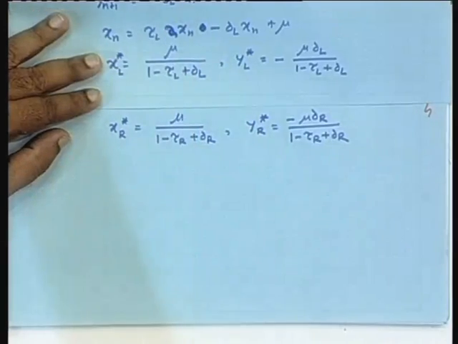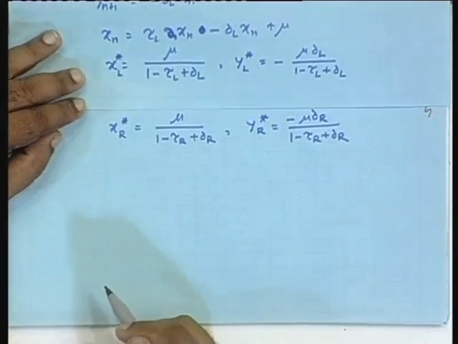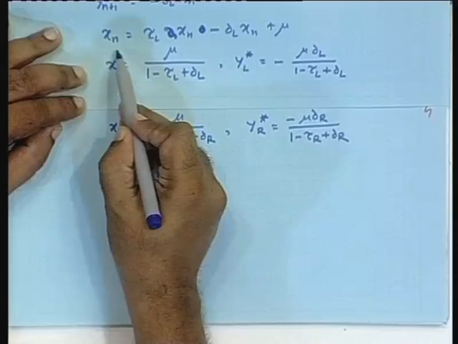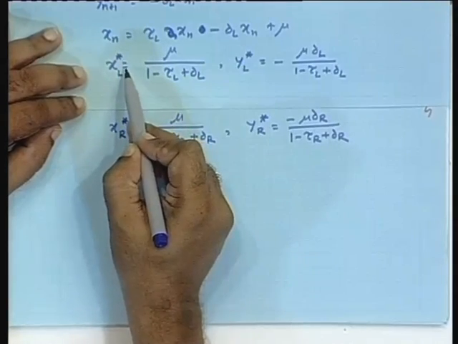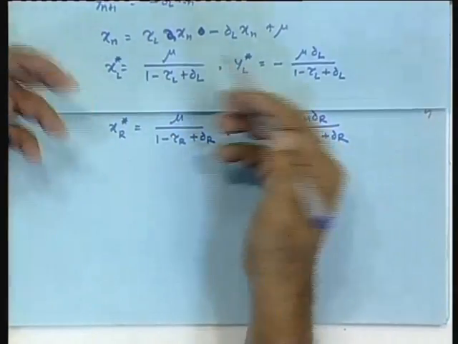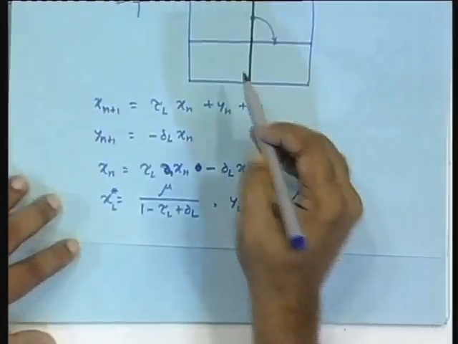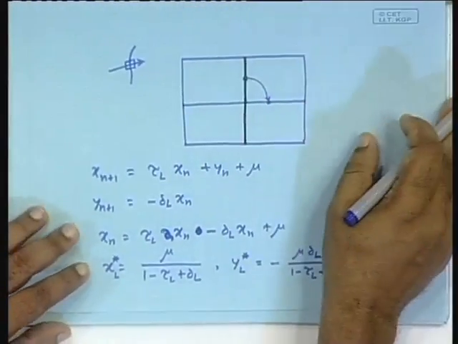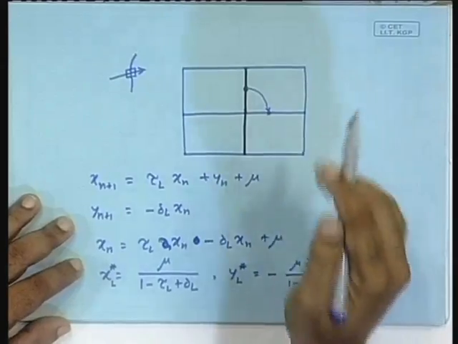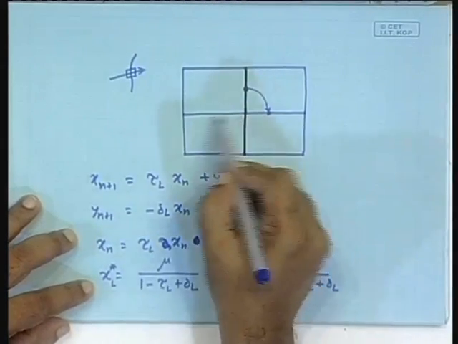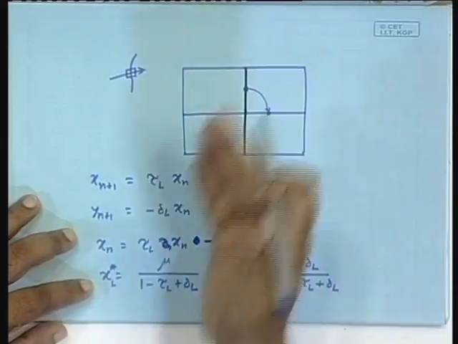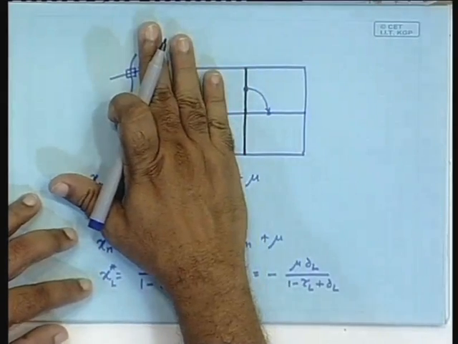At the same time, mu can be positive or negative, and as a result the x L star could be positive or negative. Now, we have calculated this x L star using the left hand side equation, using the equations of this side. So, obviously, this value will exist so long as the x L star happens to be a negative number, that means this fixed point is in the left hand side.